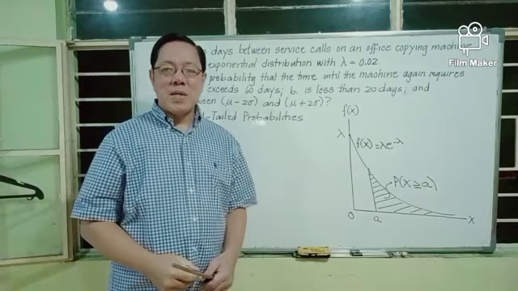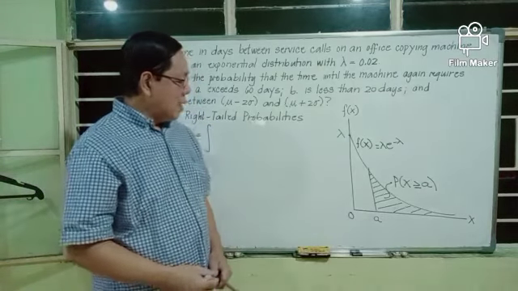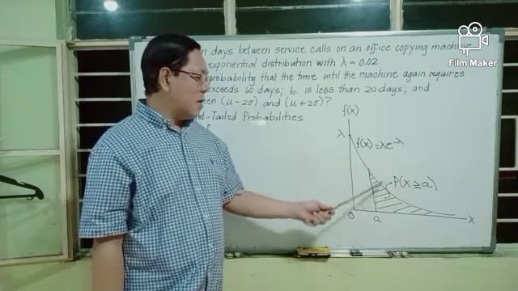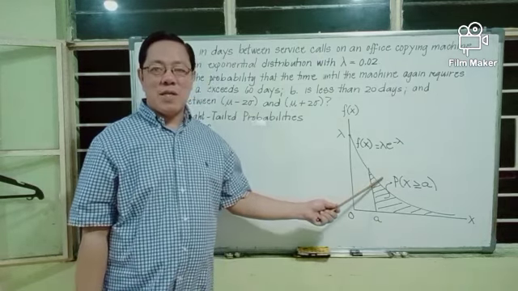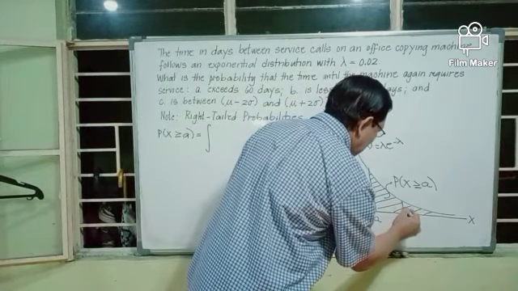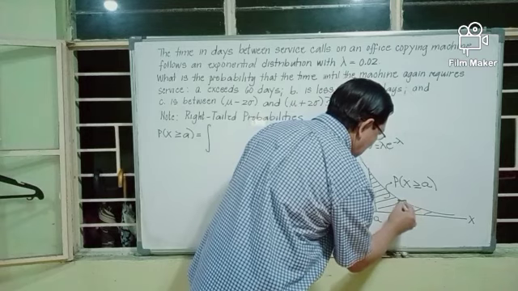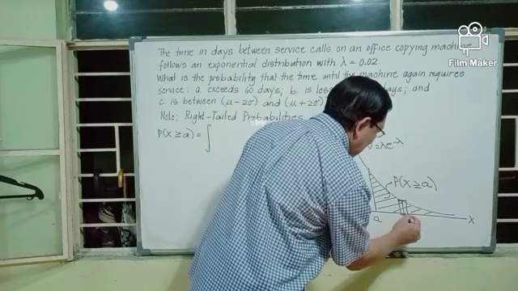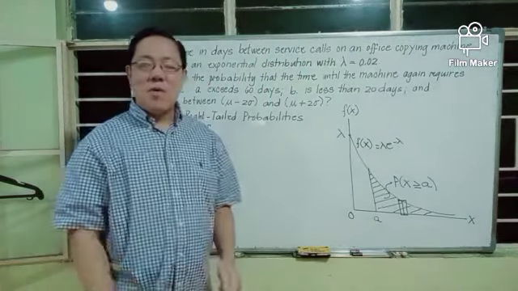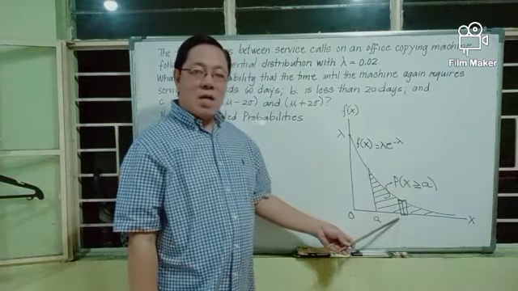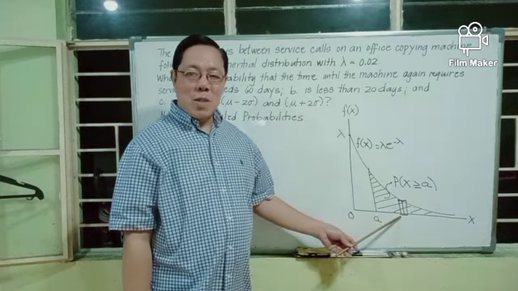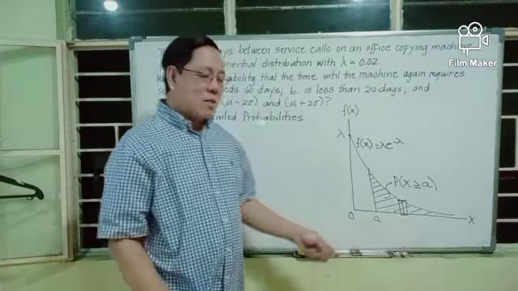Using a vertical rectangular element, we find the area of this shaded region. The area of this rectangle is length times width, where the width is dx.